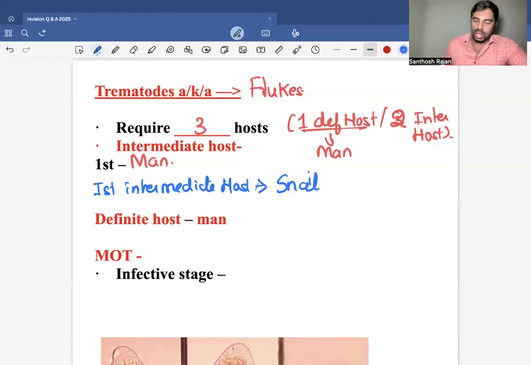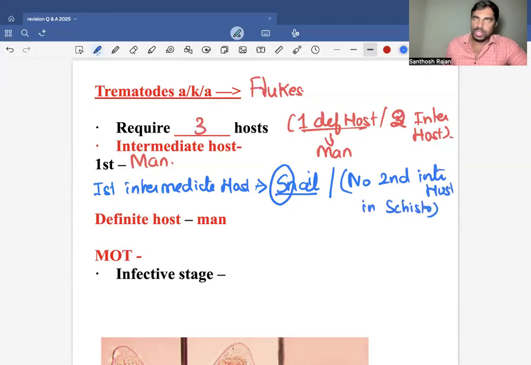And one thing in Schistosoma, there is no second intermediate host. We have only one intermediate host, the snail. Only snail is there. There is no second intermediate host in Schistosoma, whereas all others have it. Clonorhynchus, Fasciolopsis, they all have a second intermediate host.